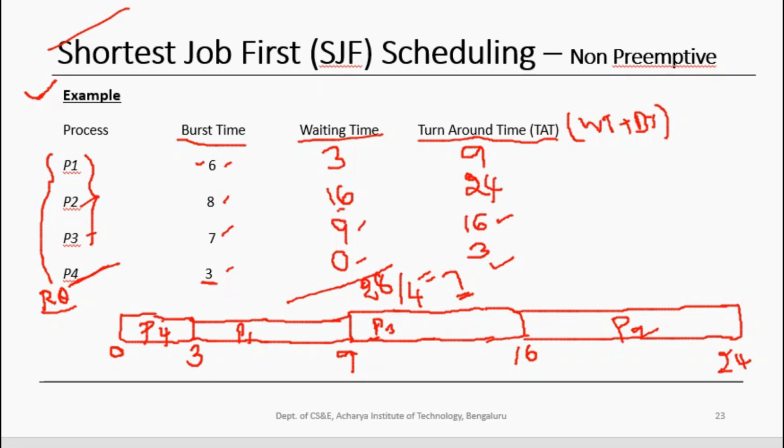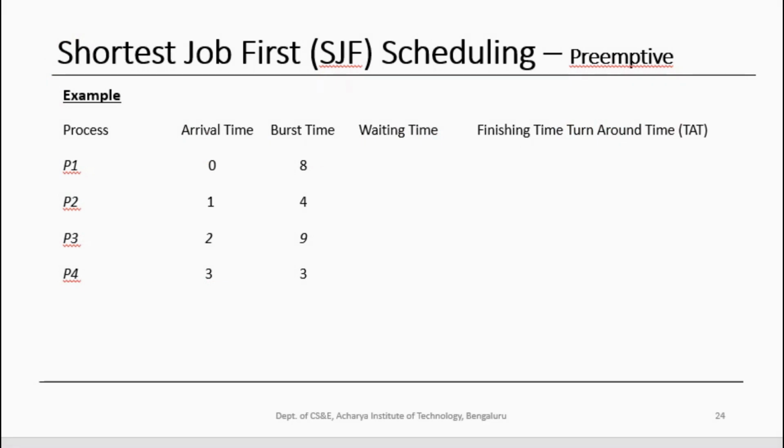Okay, now let us take the same example. Let us see how a preemptive scheduling would have scheduled the processes. Now this time we will also consider the arrival time so that we can understand the preemptive SJF better. Okay, let's take up this example. Here you can see we have also considered the arrival time.